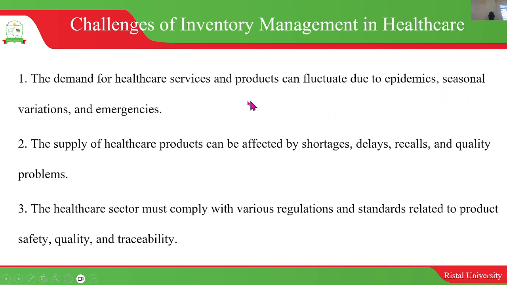Seasonal variations, we know this very well. In our setting here, many times we run short of specific supplies, especially anti-malarial medications. If you are not well prepared for this during the peak season, you are surprised to see that the little stock you had is out. Emergencies come anytime.